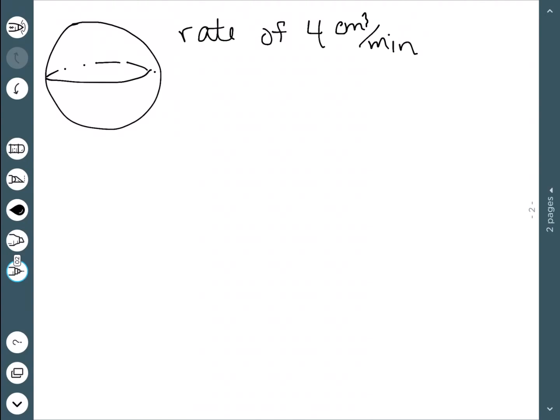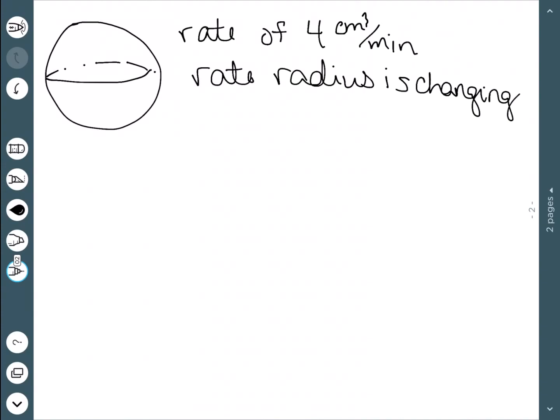So we want to know the rate the radius is changing. In particular, we want to know whenever the diameter is 50 centimeters.